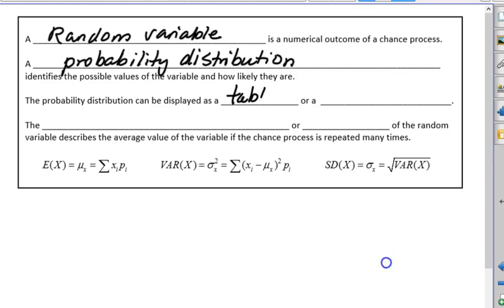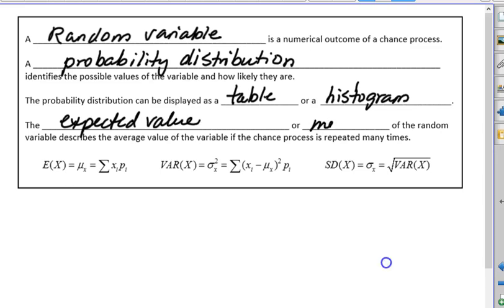The probability distribution can be displayed as a table or a histogram, and probably some other types of graphs, but histogram is usually typical. The expected value, or the mean, of the random variable describes the average value of the variable if the chance process is repeated many times.